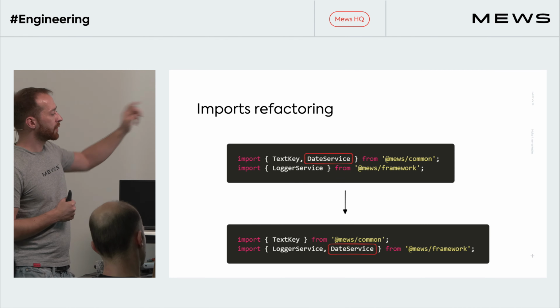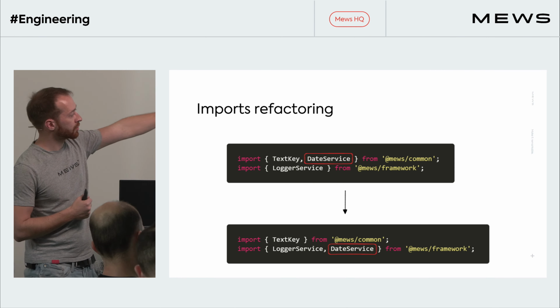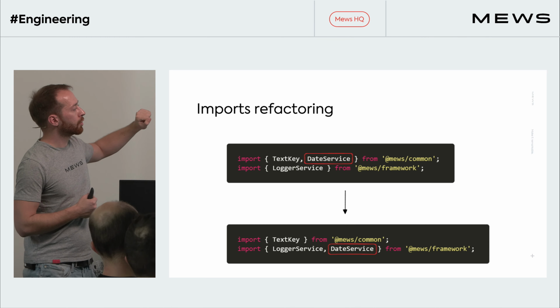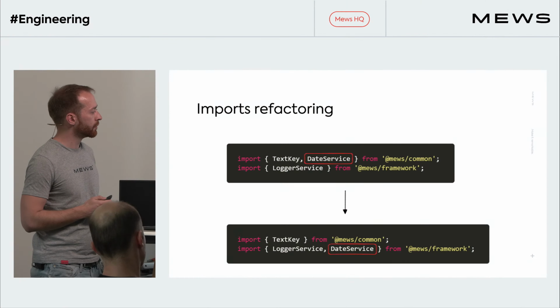One problem with this, if you would try to do it with some find and replace, you might face the first problem. You need to know that there's still a task key imported, so you don't want to delete the whole line. On the other hand, if you would just be adding date service as a new import, you might already have something imported, and you need to merge those two. So this is also something that a codemod can do quite easily.